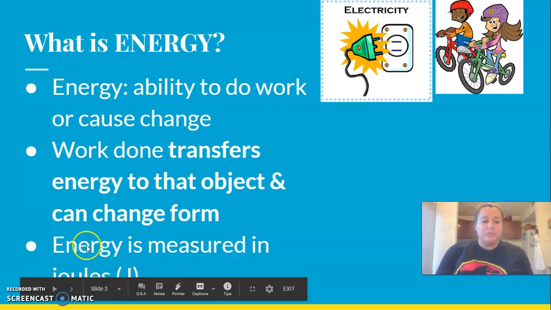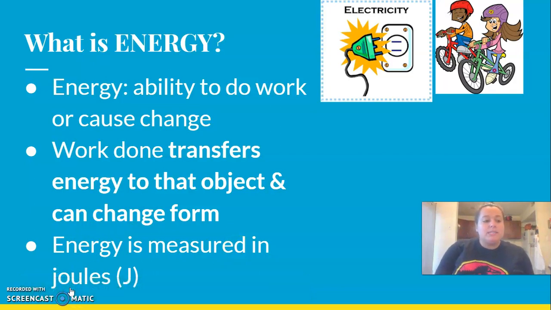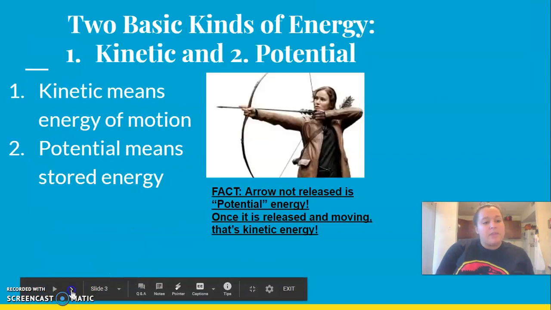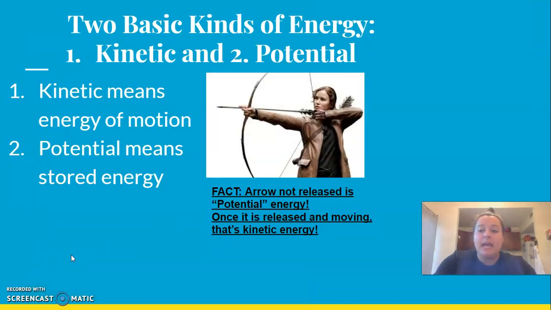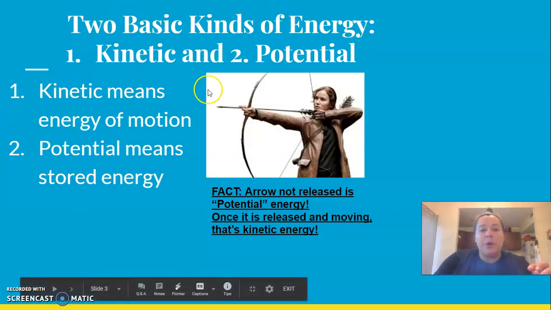All right, so the next thing I'm going to go over with you is the difference between kinetic and potential energy. One thing about all objects is that no matter if they are still or moving, they have some kind of energy. To show you in this picture, for example, she is holding a bow and arrow.